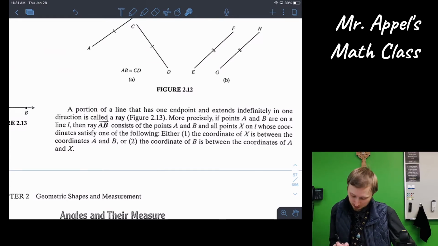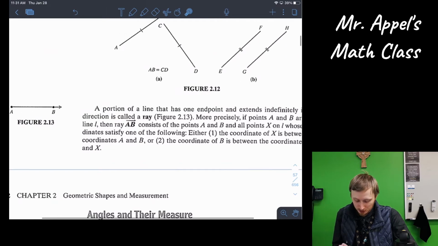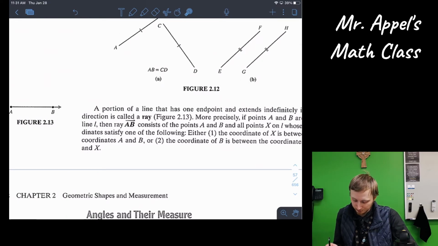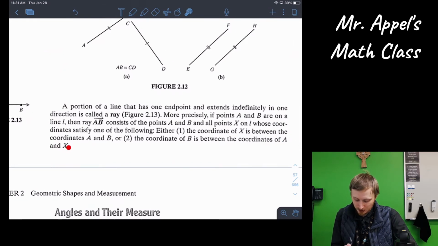Gets a bit technical here. Either, 1, the coordinate of X is between the coordinates of A and B, so that covers the segment portion here. Or 2, the coordinate of B is between the coordinates of A and X.